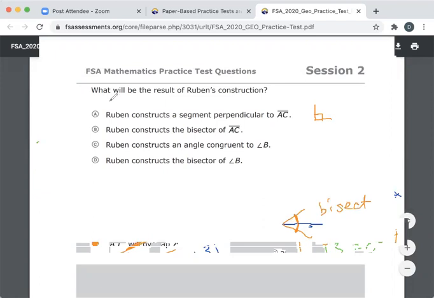Possibly. Did he make an angle congruent to angle B? Well, no, because they're both smaller. Did he construct the bisector of angle B? Well, did he bisect the angle or did he bisect the side? I'm pretty sure he bisected the angle. So let's go with this one.